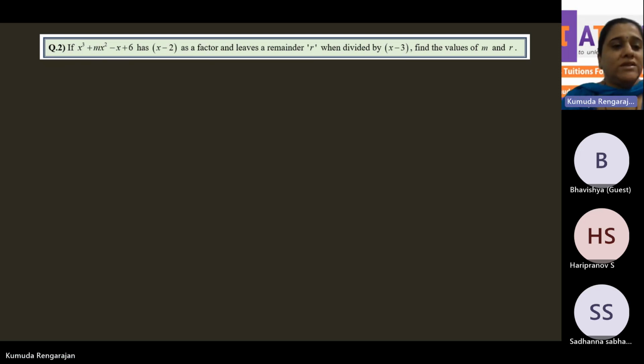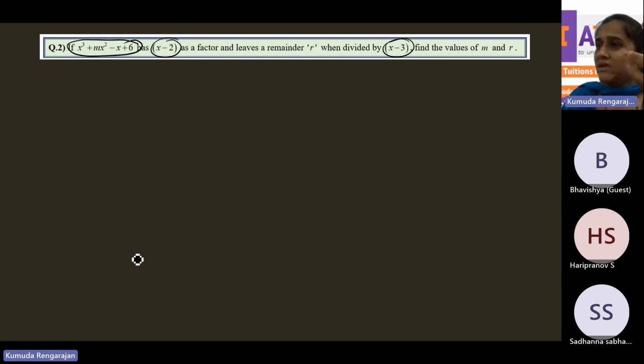Okay. So there is one dividend polynomial, children, and there are two expressions as the divisors: x minus 2 and x minus 3. One dividend, two divisors. Like you can have the number 40, and you can divide by 8, or you can divide by 7. When you divide by 8, the remainder is 0.